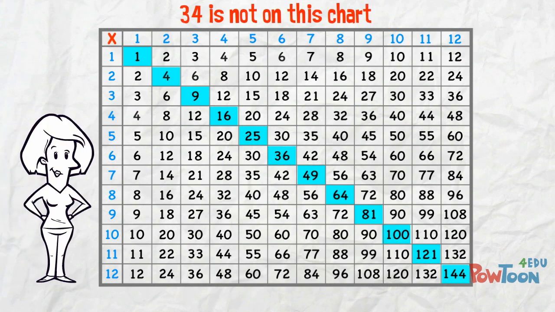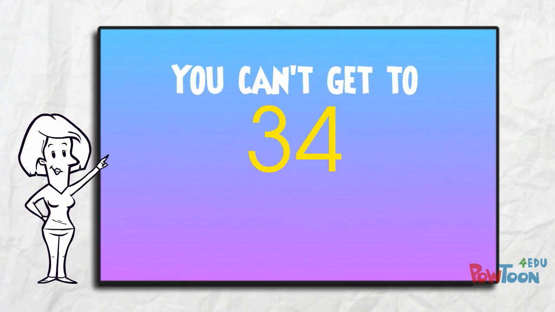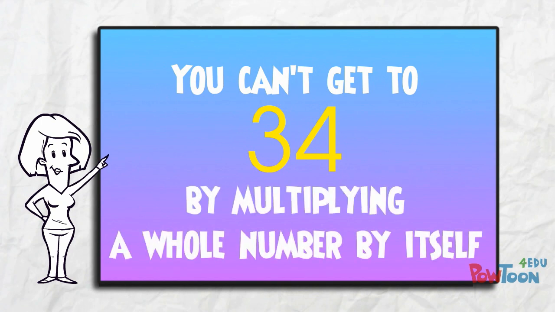Notice that 34 is not one of the blue square numbers on our chart. It's not on the chart at all. That's why we have to estimate, because we can't jump straight to it with our table's knowledge. You can't get to 34 by multiplying a whole number by itself.